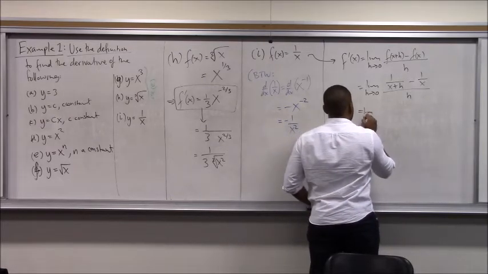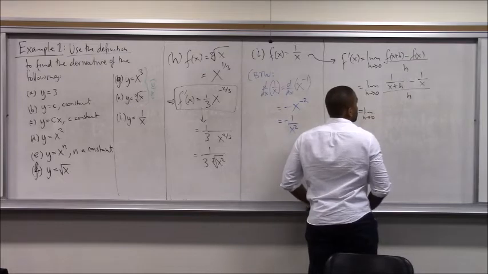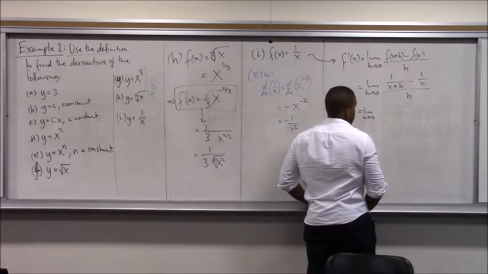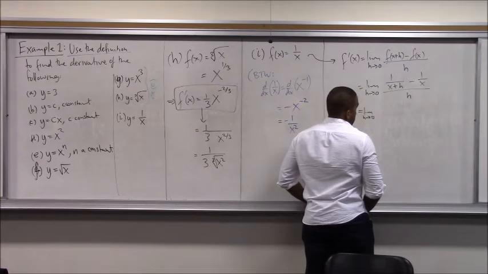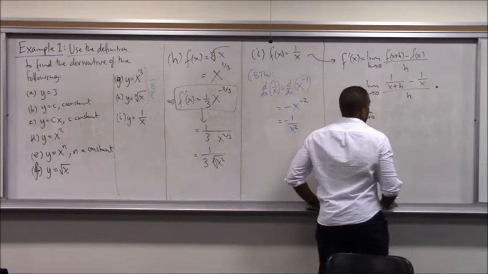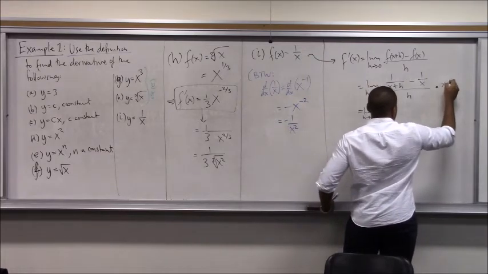Okay, so the LCD would be x times x plus h. What do I do with that? You multiply the whole thing by x times x plus h.